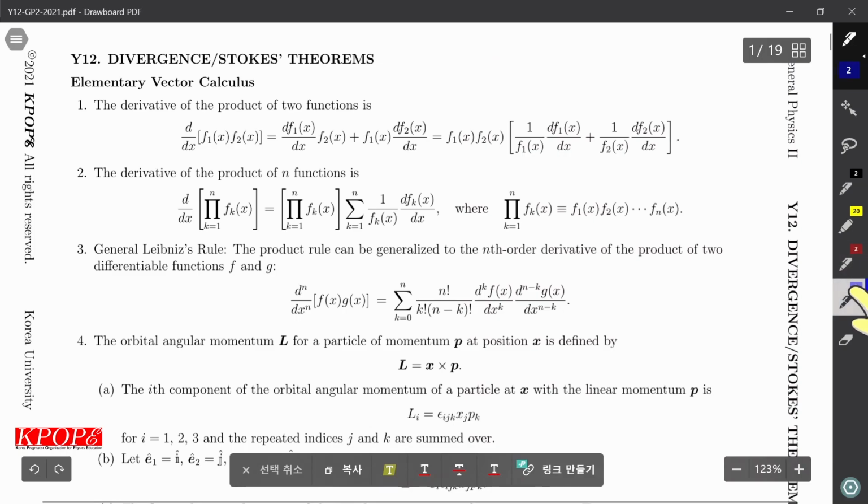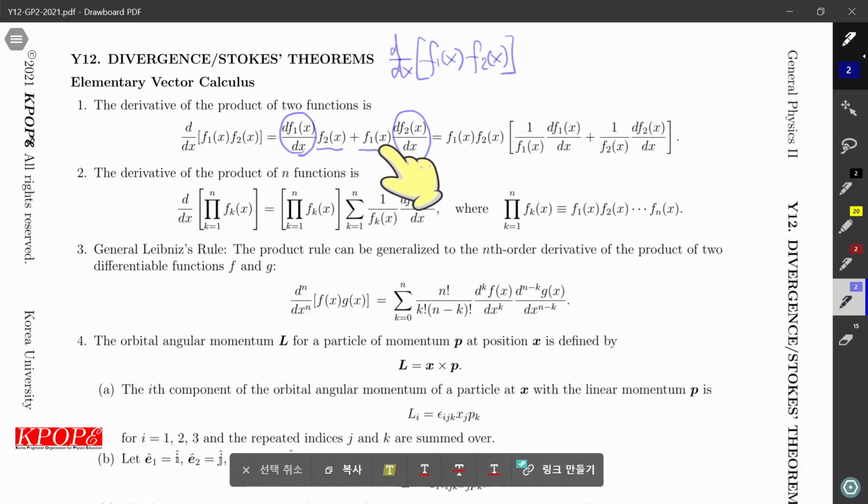derivative of the product of two functions, f1(x) times f2(x), can be computed by taking the derivative of the first function and multiplying the original second one, and taking the derivative of the second function and multiplying the original first one.